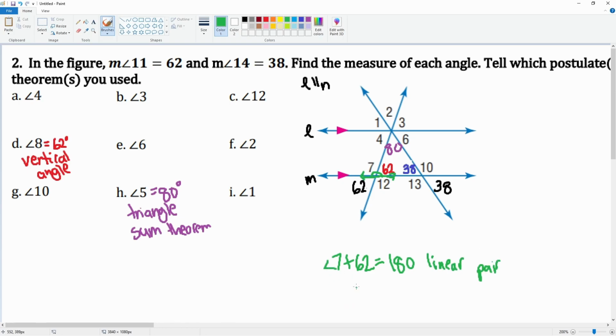So angle 7 should be equal to 180 minus 62. That's 118. So let's write angle 7. Do we have 7 here? Oh, no, we don't have 7 here. But I'm just going to write 7 here. And that is 118 because of linear pair.